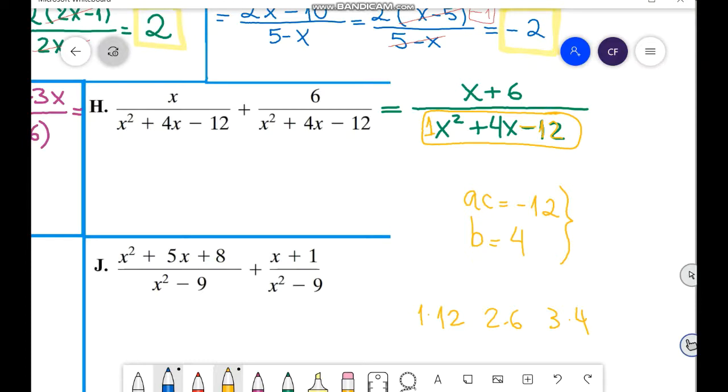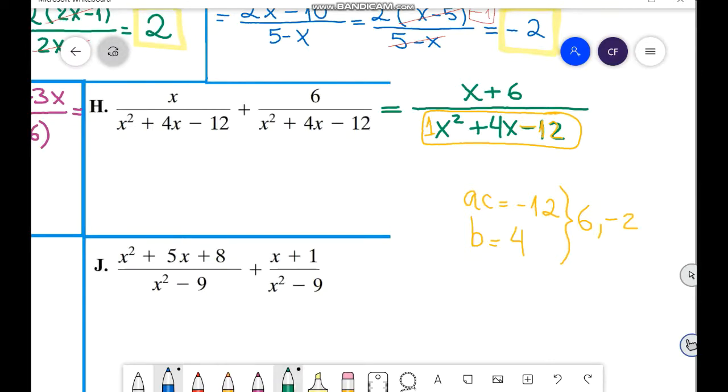To find 4 is going to be not this, but maybe 2 and 6, right? Because you can have 4 and negative 2. 4 plus negative 2 is, not 4, sorry, 6 and negative 2. 6 minus 2, 4. 6 times negative 2, negative 12. So the two numbers that we're looking for are 6 and negative 2.